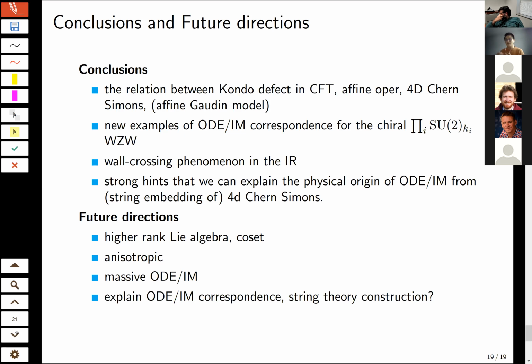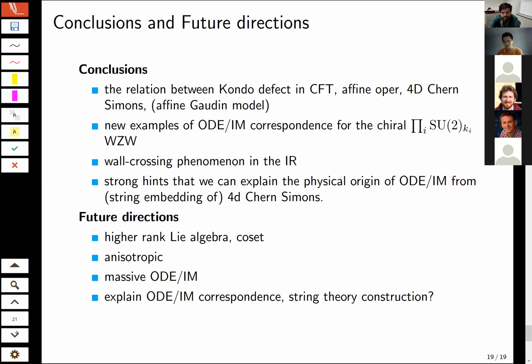So we can use the ODE to understand some new physics of Kondo defects. And the integrability feature, among other things, can be made very intuitive in the 4D Chern-Simons construction. So in particular, using these calculations, we can study some wall crossing phenomena in the IR that is not accessible from other techniques, for example.